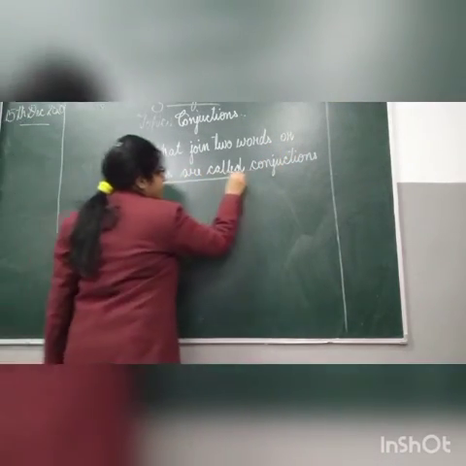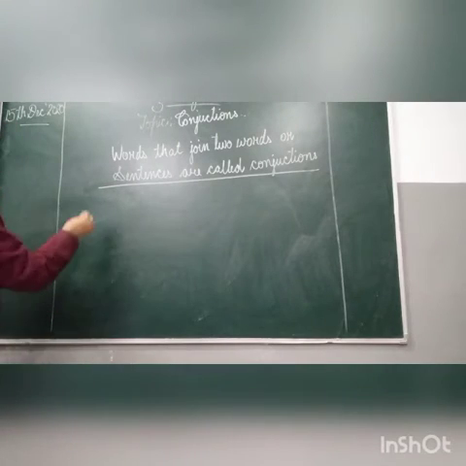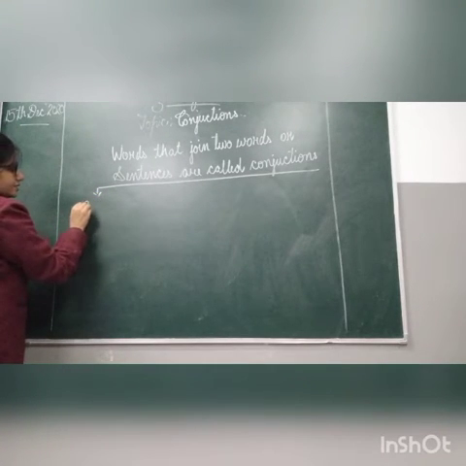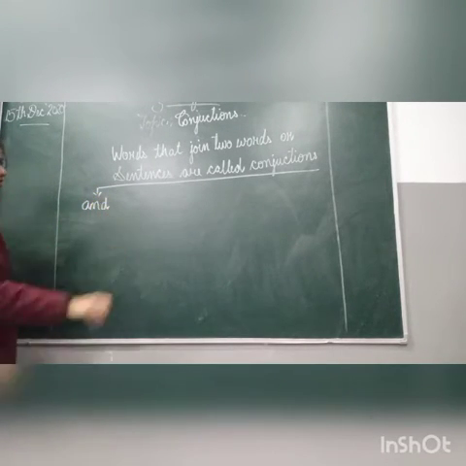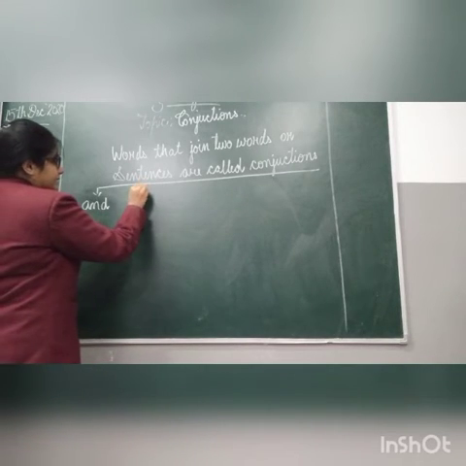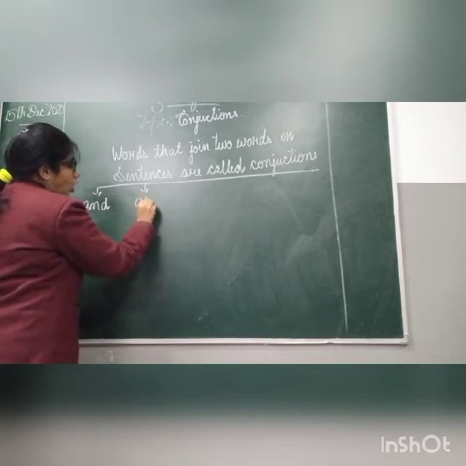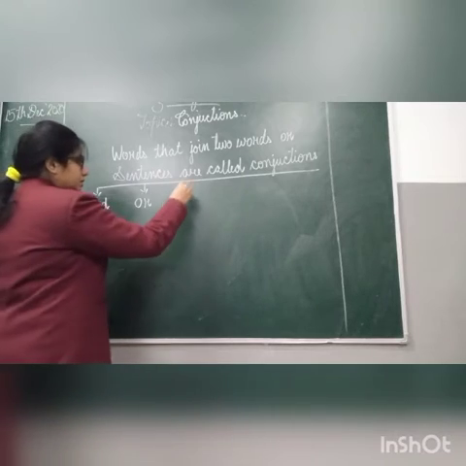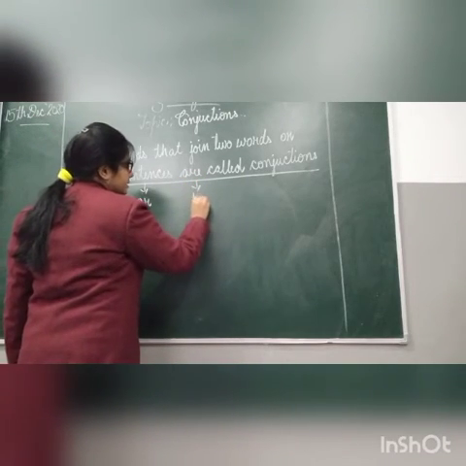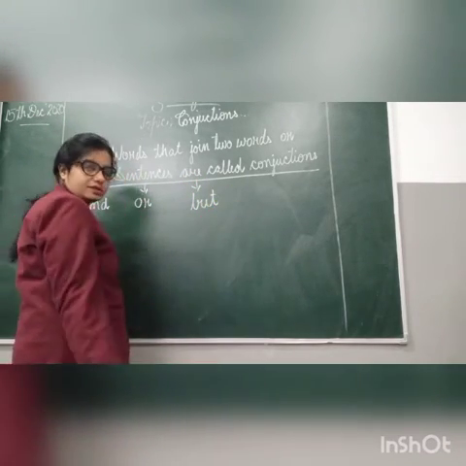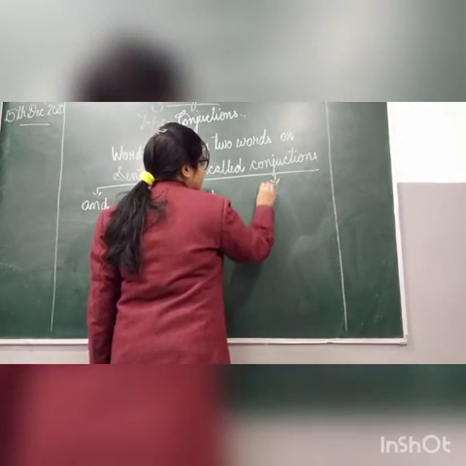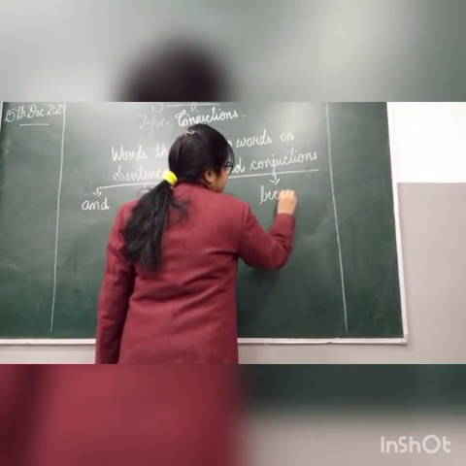Now, what words are conjunctions? First is and. Second is or. Third is but. And the fourth one is because.